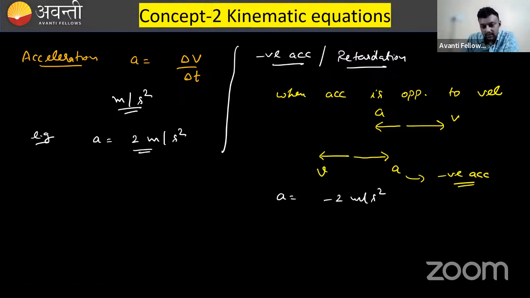Let's suppose the particle is moving with some velocity 10 meter per second and acceleration is minus 2. After how much time will it stop? Can anyone answer? Without using the first kinematic equation, I'm not asking you to use that. After how much time will the particle stop?